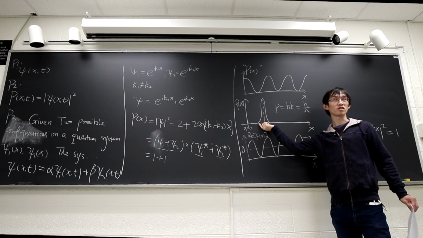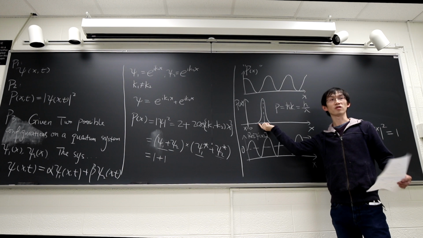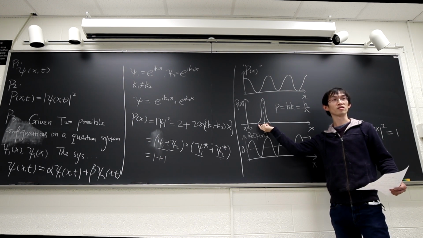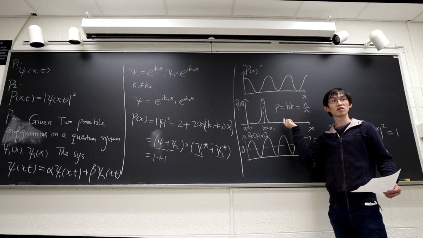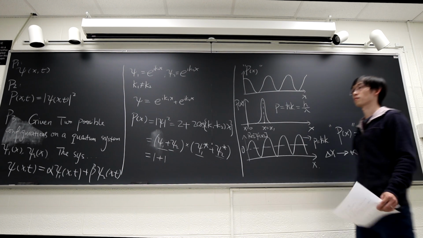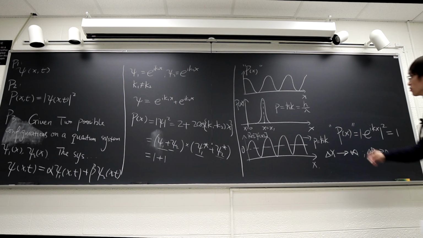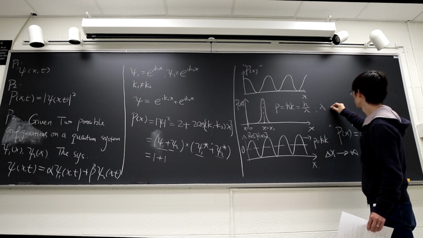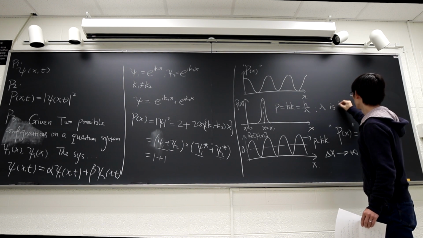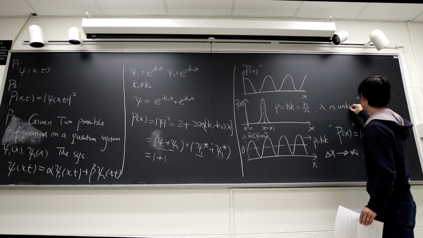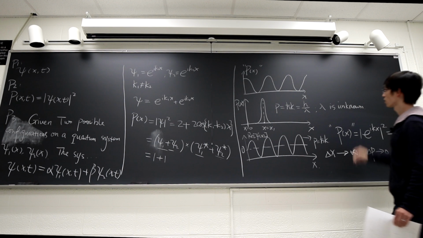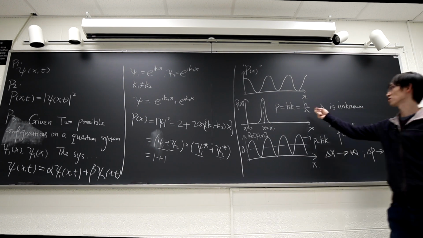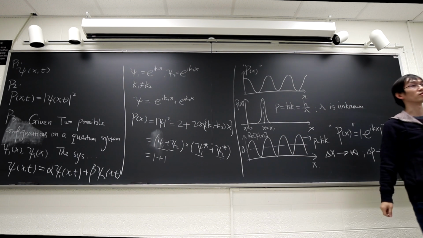It's not a periodic function. Only for a periodic function can you say there's a wavelength, because you need to move and repeat. There's no repetition here. So lambda, the wavelength, we'll call unknown. Because this is unknown, the momentum is also unknown.